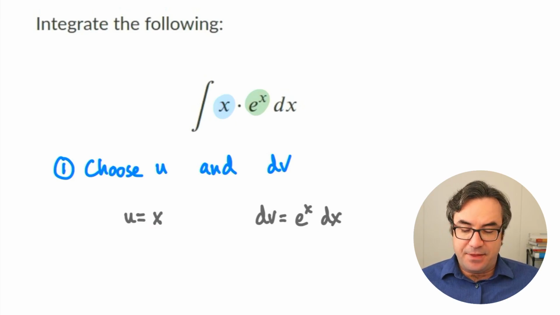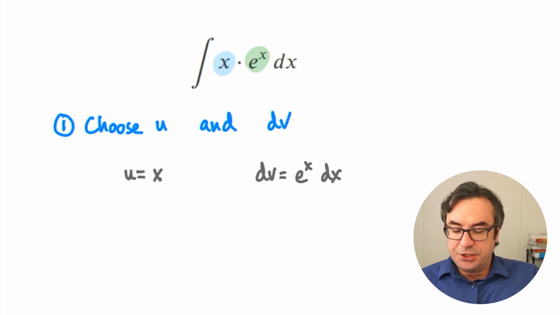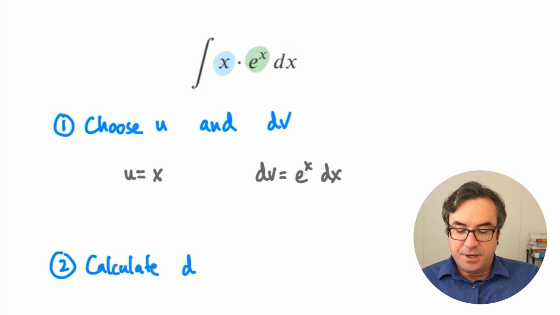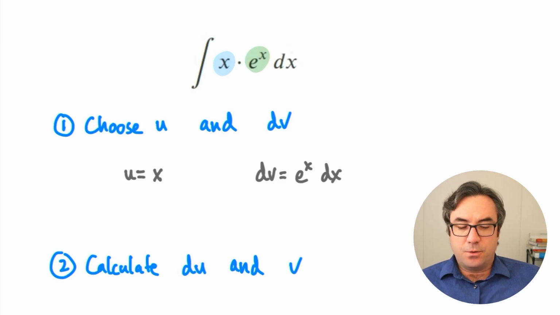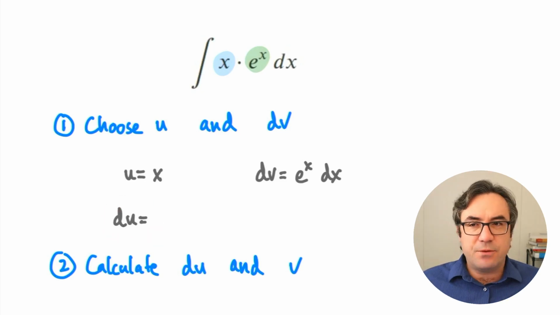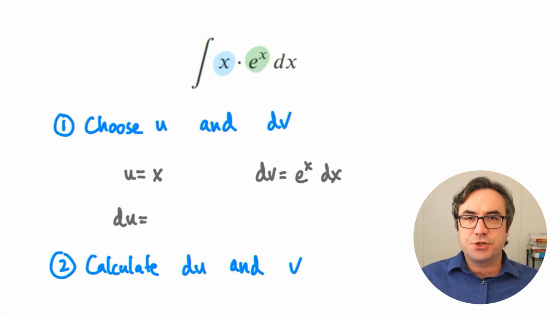The second step then is we're going to calculate the differential du, and then we'll calculate what v is. So right underneath this, let's write du. And this is the same kind of differential that we were working with when we did substitution rule.